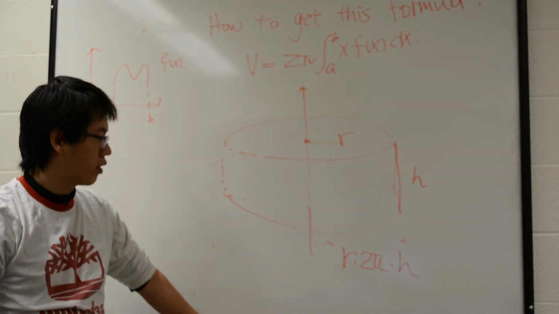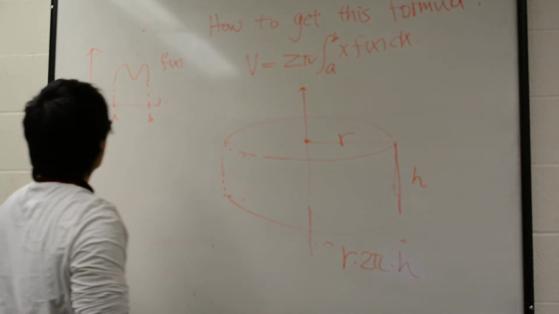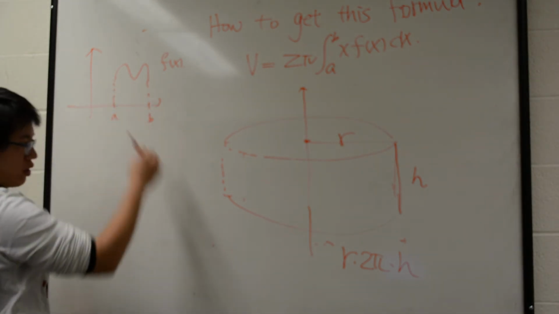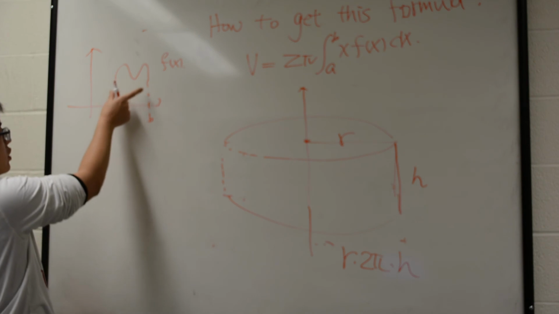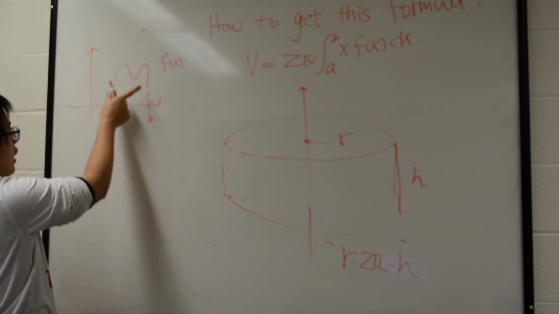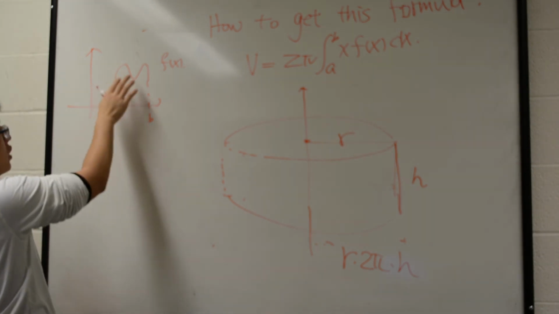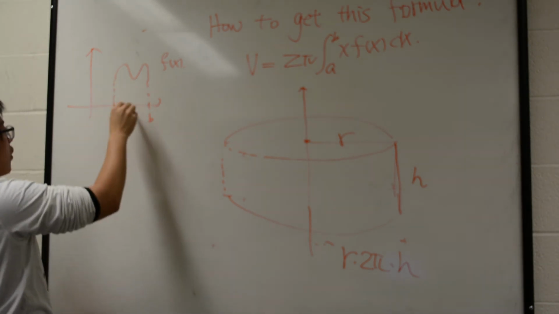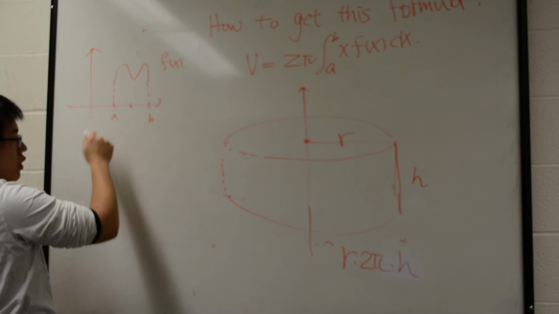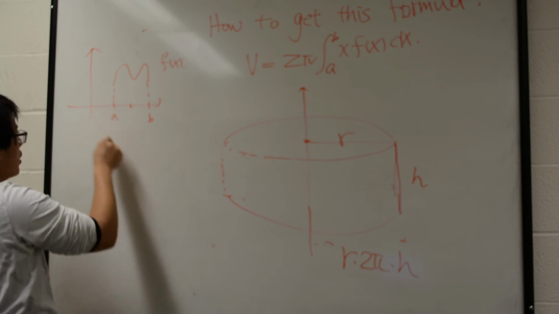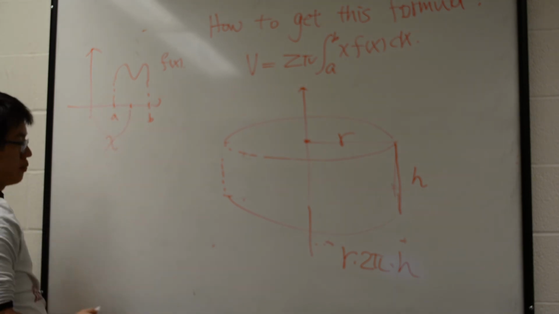Okay. And if our torus is obtained by f of x around x equal to 0, then our radius will be this x.